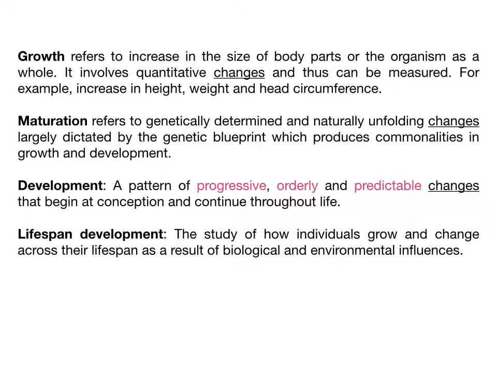Growth is that domain of development which is the physical domain, and development in itself is a process that includes changes at three levels: physical, cognitive, and socio-emotional, and these changes are progressive, orderly, and predictable. We have already delved deep into the meaning of these terms.